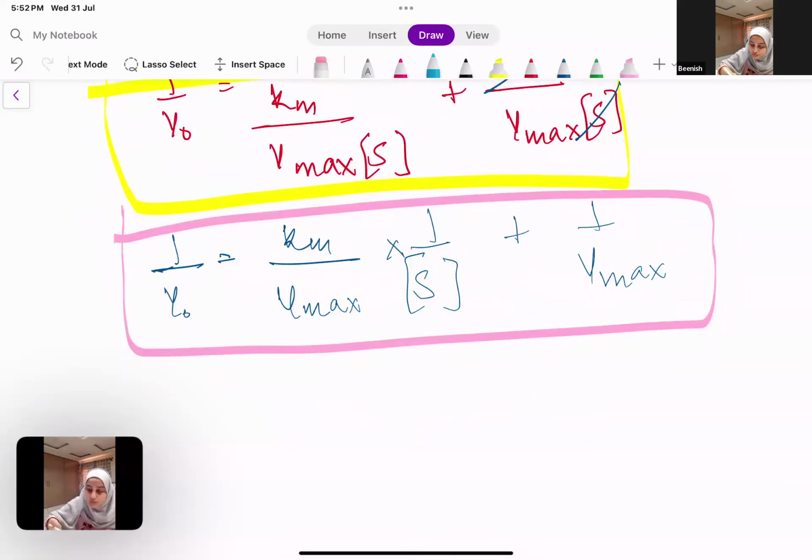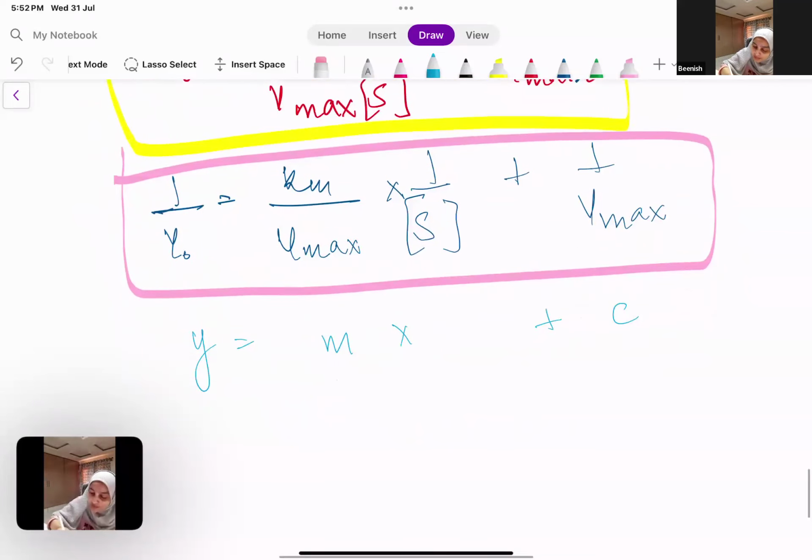Now this that you're ending up with here, I'm sure this must be reminding you of something. The equation for a straight line graph, that is y is equal to mx plus c, where m was the slope and c was the y-intercept.